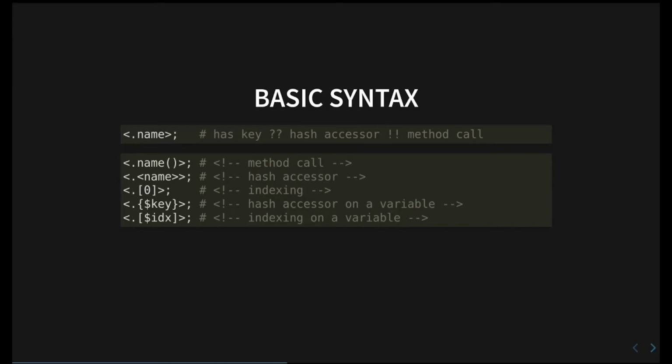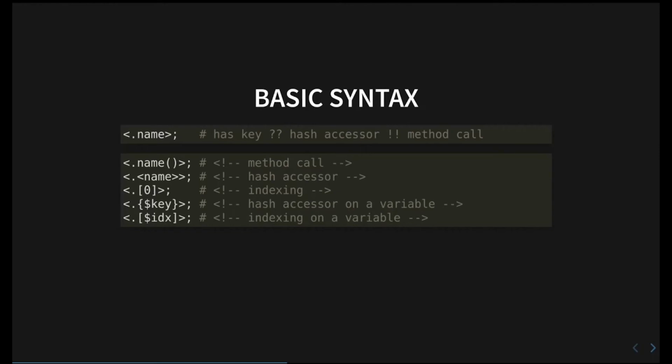If there is no such a key, it tries to call a method on the topic with such a name to get its result, but if it fails, it just returns a nil and you will get a warning. If the topic is not associative, then it just tries to call a method with the name specified, and if there is no such a method, it actually throws an exception.